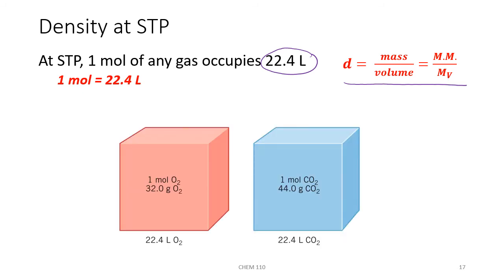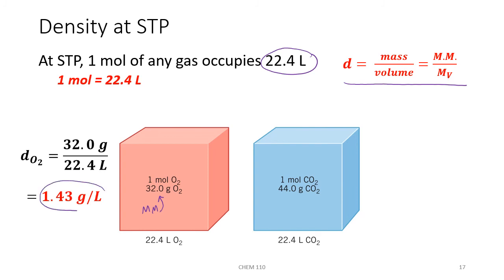So for example, if we have 1 mole of oxygen gas, oxygen's molar mass is 32 grams per mole. What we have to do is take the molar mass and divide by the molar volume, which would be 22.4 liters, and that'll give us our density of O2, 1.43 grams per liter.